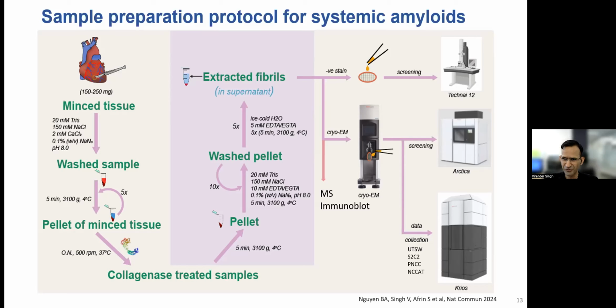We heavily use S2C2. I think currently for 90% of the data collection we are depending on them. But for the data I'm presenting today, we have actually used PNCC, NCAT, and the UT Southwestern facility as well.